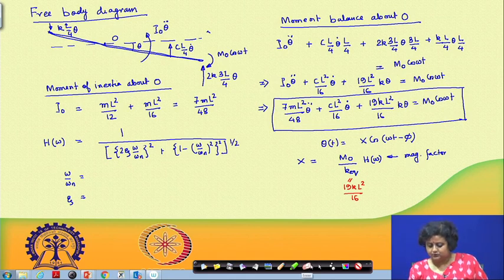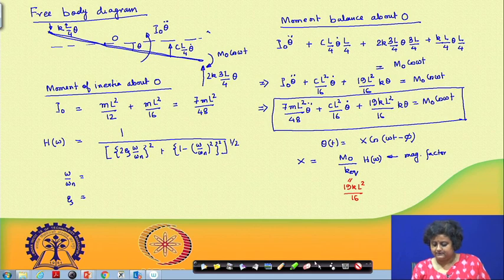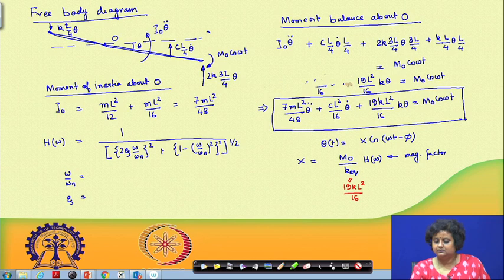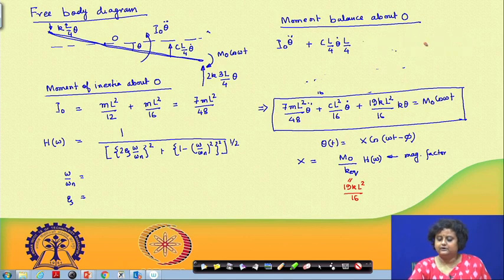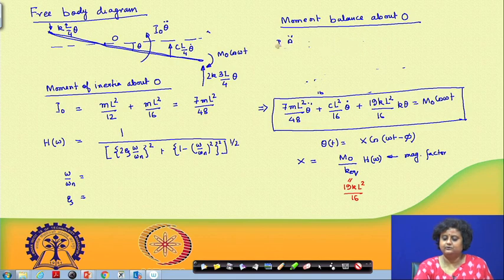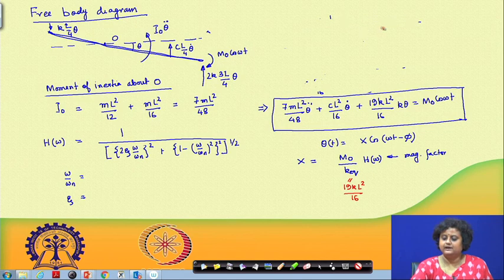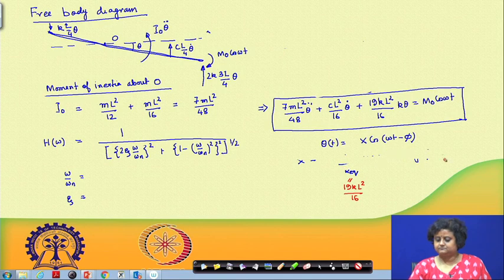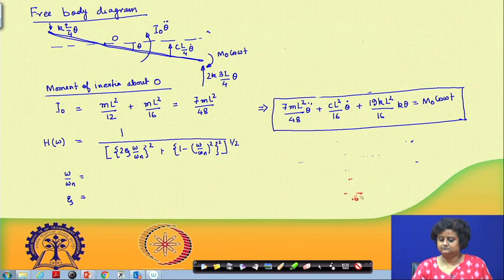In order to do that, I have to first evaluate the natural frequency and the damping factor. Okay.